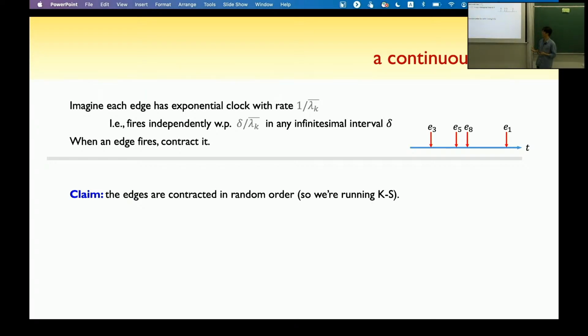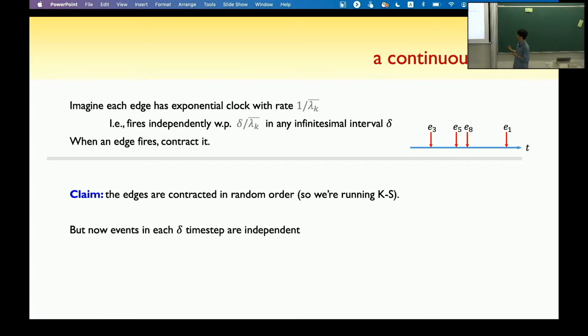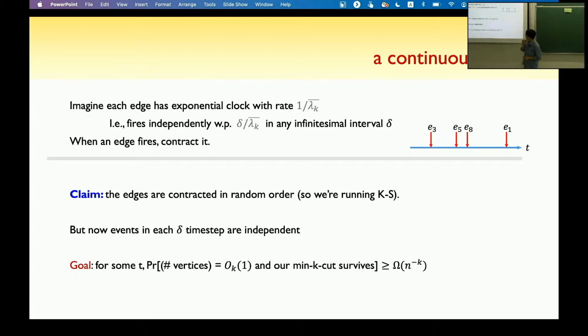In both, the graph shrinks by taking a random order over the entire set of edges, scanning the edges one by one in this order, and contracting them. So I just gave a new process, but it's the same thing as before. This viewpoint gives us some conceptual advantage because almost everything is independent here.